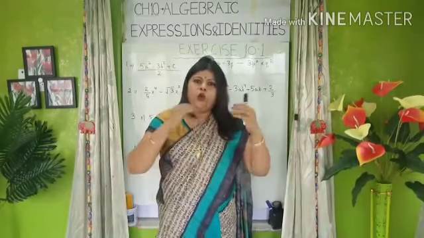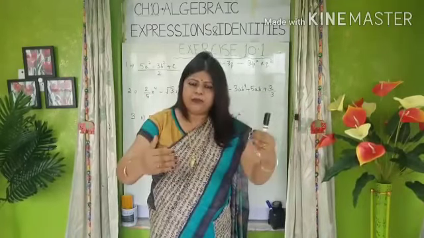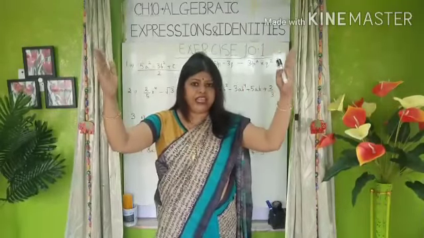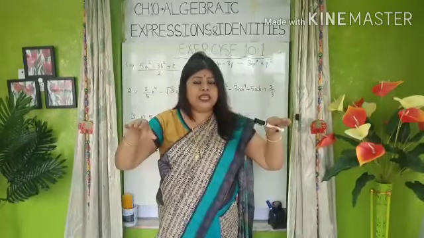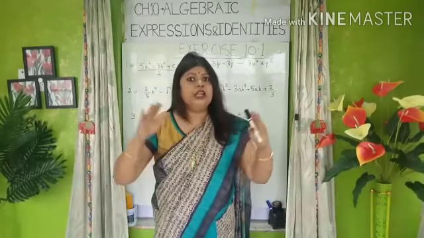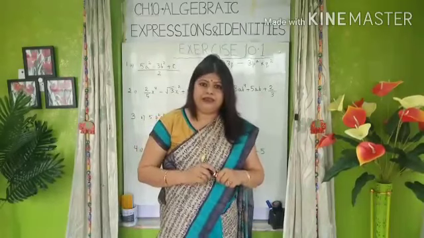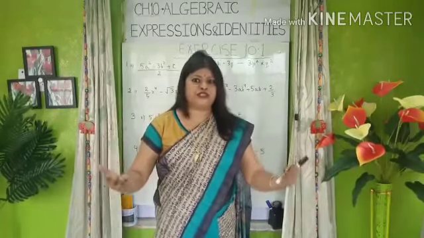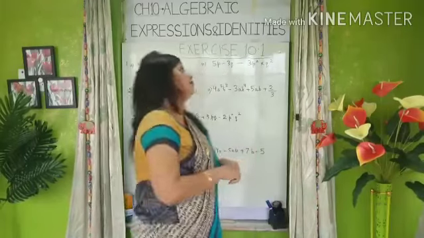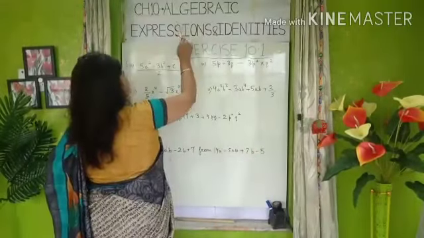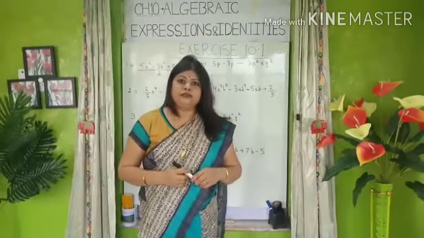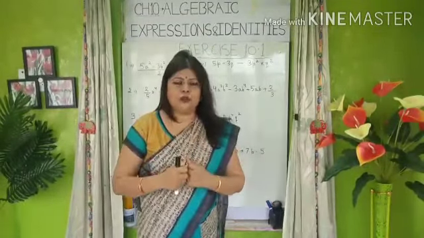So when you express mathematically with the help of numbers and variables, and you join these with the help of one or more mathematical operations, then these expressions are called what? They are called algebraic expressions.